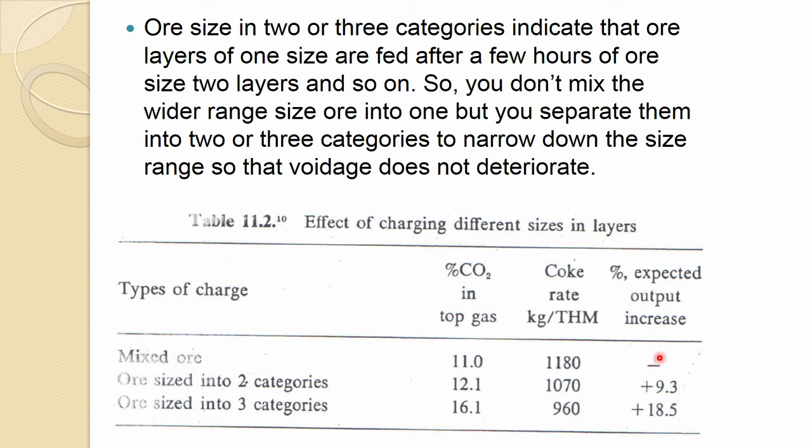Of course, no increase in the output. Now, if we divide this into 2 size categories, you can see the CO2 in top gas has increased, indicating good utilization of CO, and even the coke rate has decreased almost by 100 kg, and the output has increased almost by 9%.